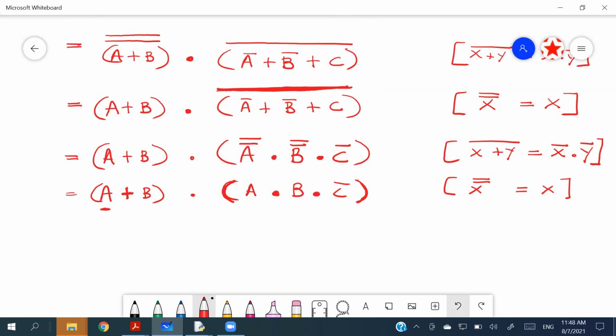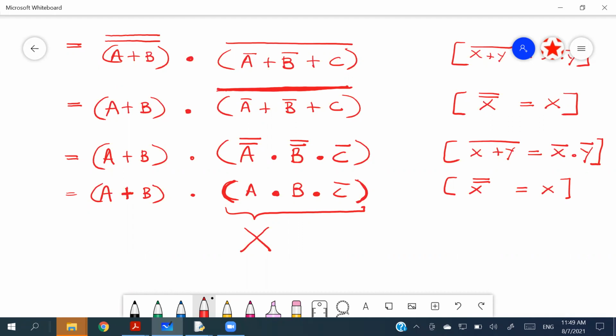But dots will not separate the term. Dots will bind the terms together. So that means this particular bracket is like a big X. Look, X makes a bundle. Right? So that bundle is going to multiply with this A separately, B separately.